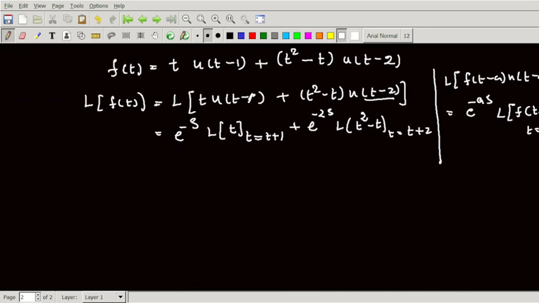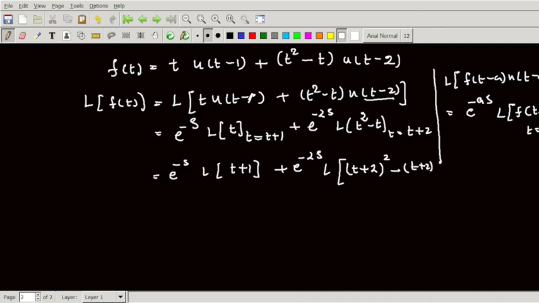Now, so first we replace e power minus s and t is written as t plus 1, plus e power minus 2s, and here I am replacing t as t plus 2. So this becomes t plus 2 whole square minus t plus 2. So we simplify, otherwise we can apply the limits, we can apply the Laplace. So Laplace of t plus 1 I am writing as it is, plus e power minus 2s.